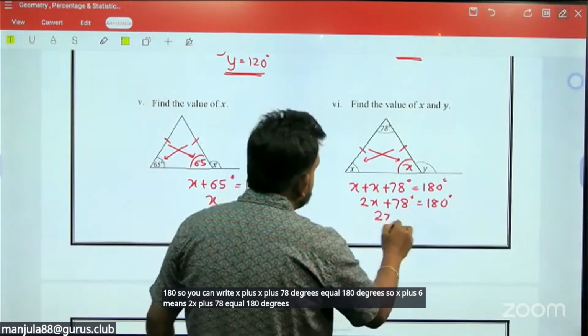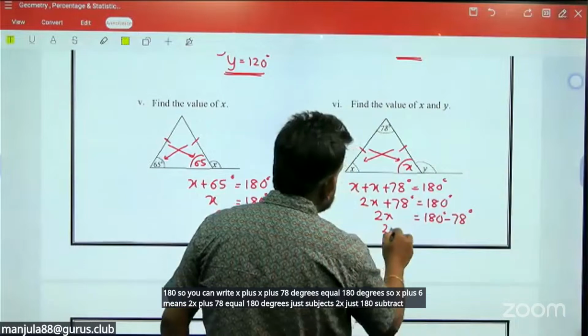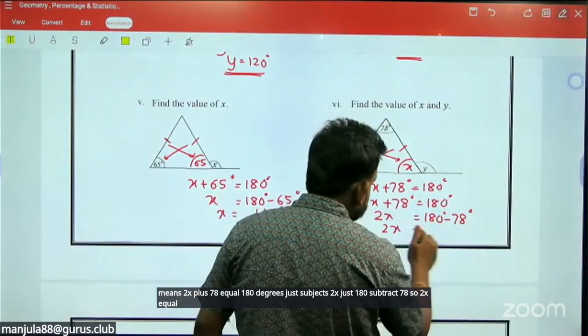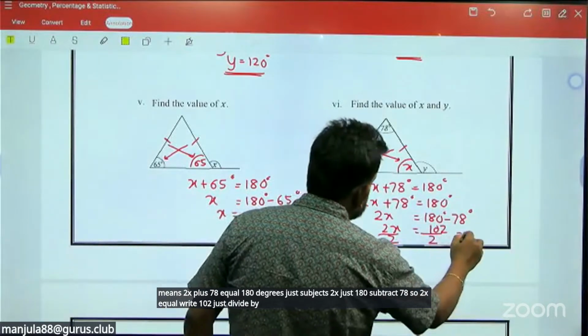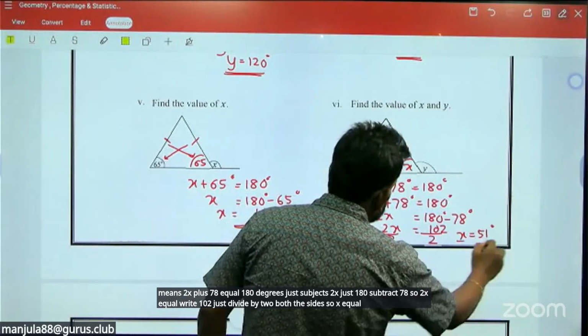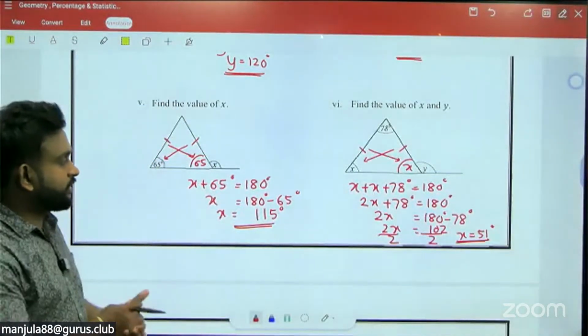Just subtract 78 from 180, so 2x equals 102. Just divide by 2 on both sides. So x equals 51 degrees.